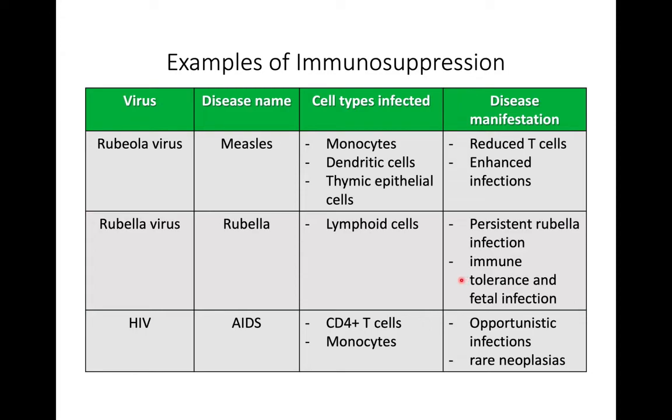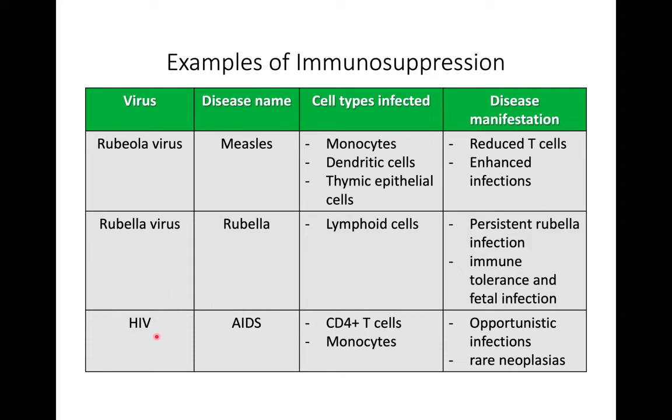It no longer really tries to fight it off. And if that happens in a pregnant woman, it can lead to infection of the fetus. And we'll talk about the fatal and terrible consequences of fetal rubella syndrome later on in the semester.